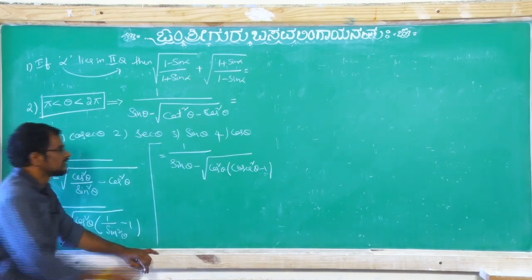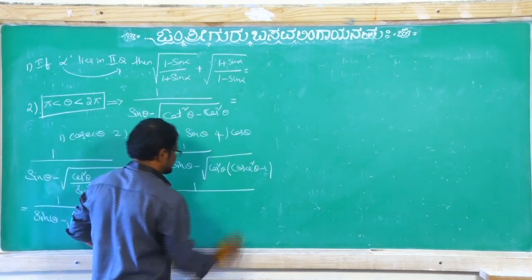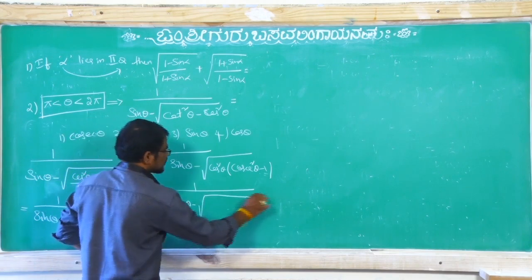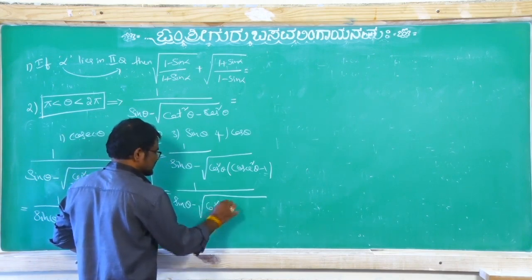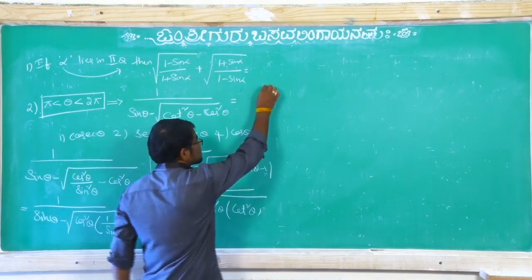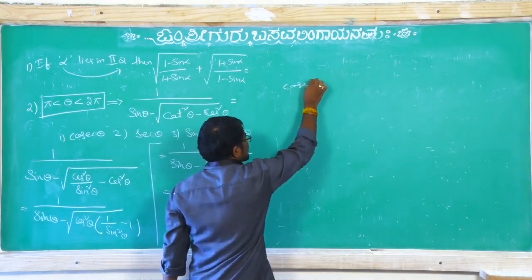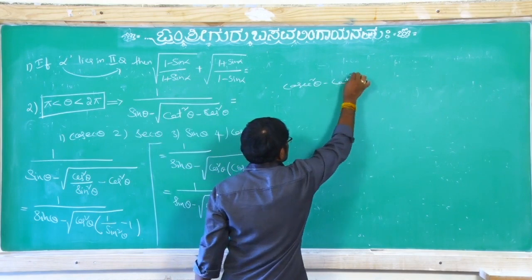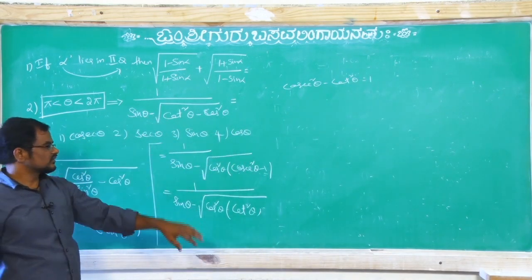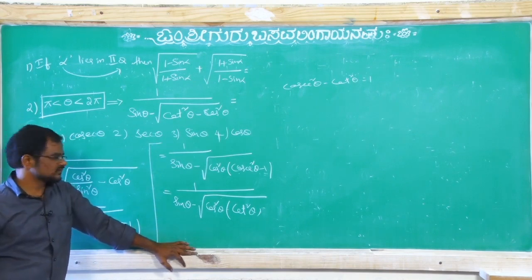Now, that is equal to 1 by sin theta minus root of cos square theta cosecant square theta minus 1. Since formula cosecant square theta minus cot square theta equal to 1, cot square equal to cosecant square minus 1.